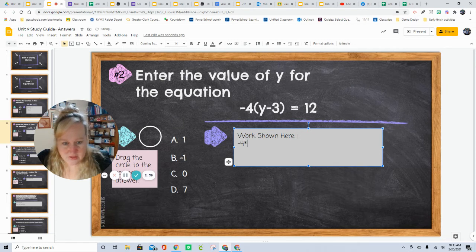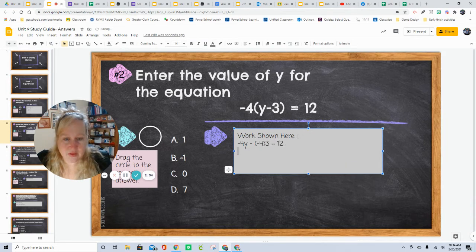So negative 4 times y, I'll just put negative 4y, minus negative 4 times 3 equals 12. So I bring down the negative 4y, and I need to now multiply these together, the negative 4 and the 3.